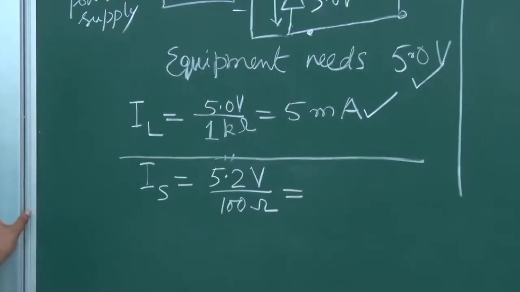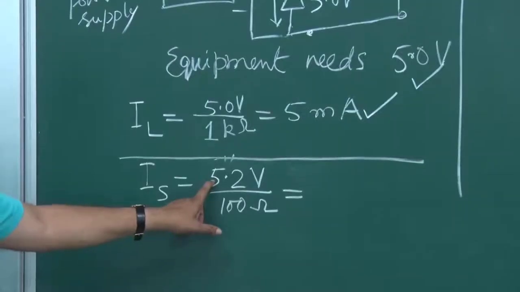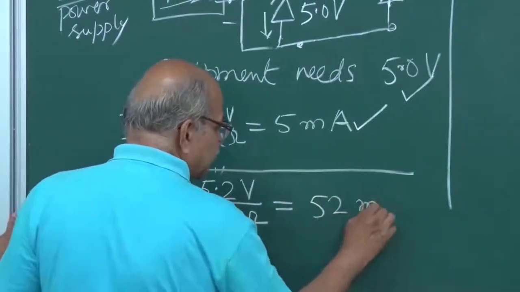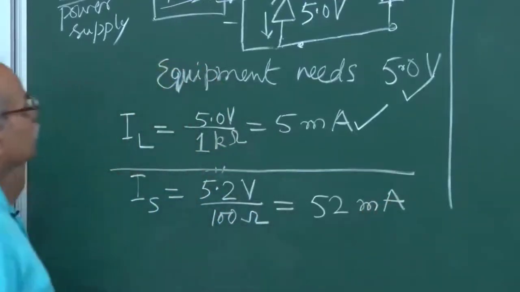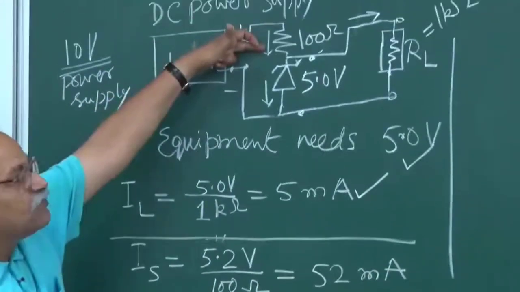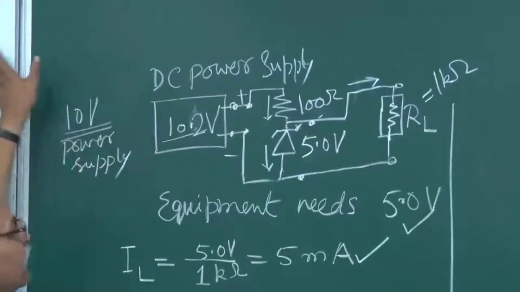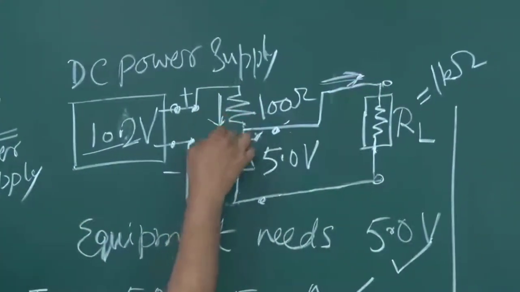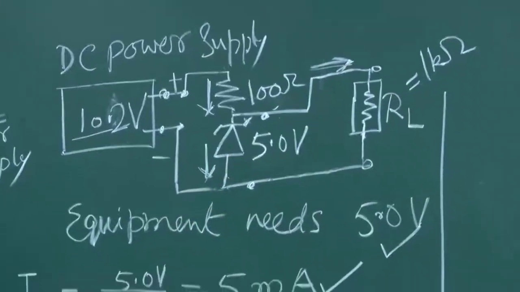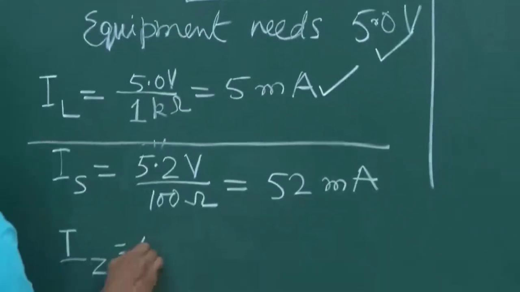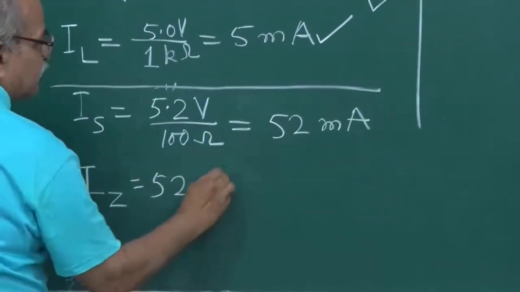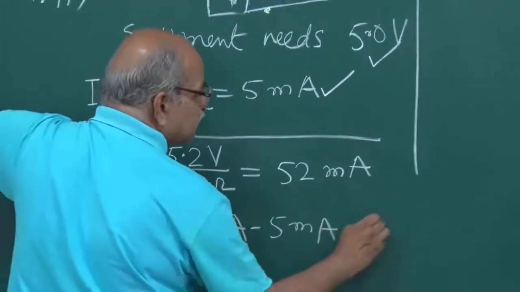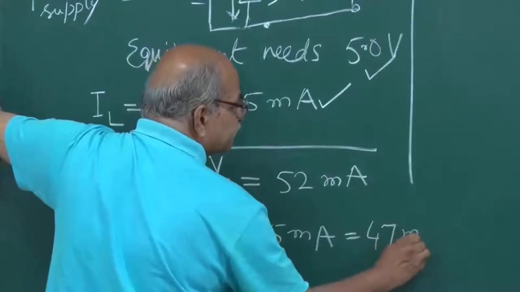It is 0.052 amperes, that is 52 milliamperes. So this current is now 52 milliamperes. Okay, and this is 5 milliamperes. This is 52 milliamperes. So how much is the current here? IZ is equal to 52 milliampere minus 5 milliampere, and that is 47 milliampere.